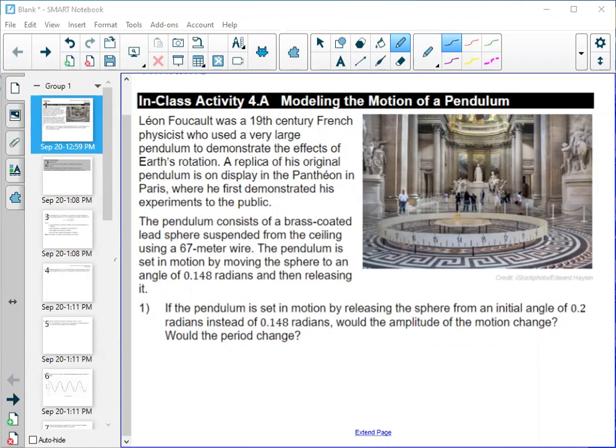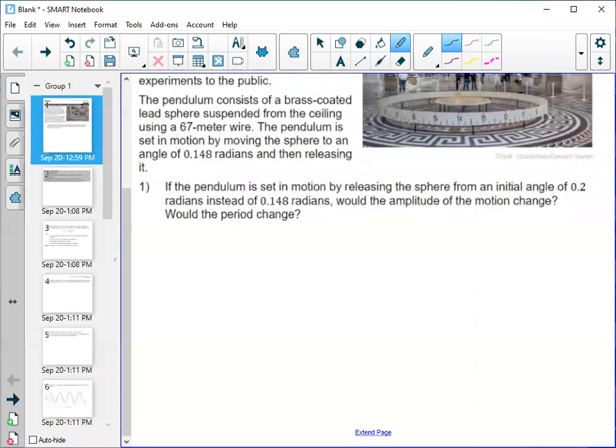1. If the pendulum is set in motion by releasing the sphere from an initial angle of 0.2 radians instead of 0.14 radians, would the amplitude of the motion change? Would the period change? Let me just extend the page a little bit there. And the answers are, I'll just write them quickly here.